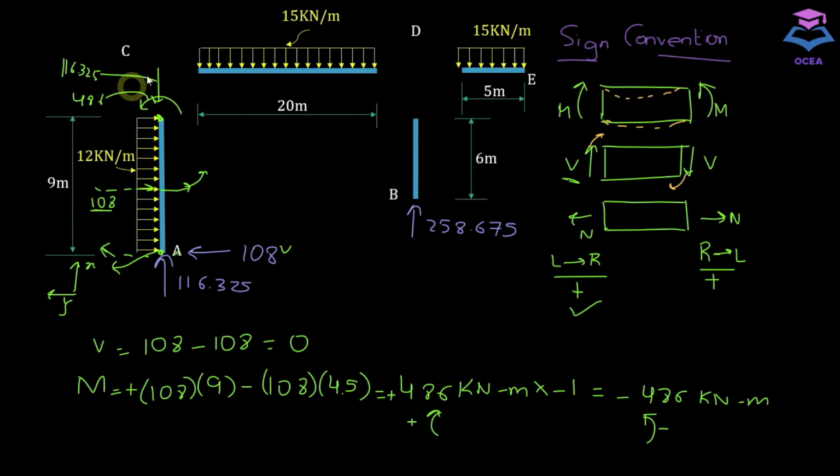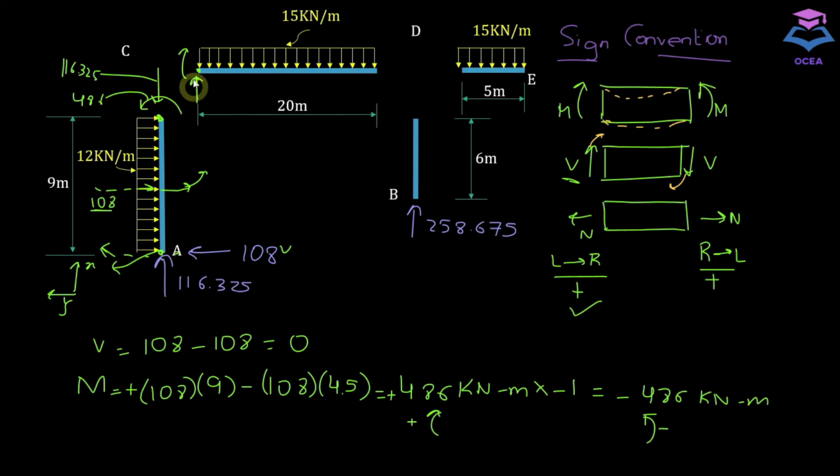Okay, now we need to transfer these internal forces to the other end of the member, that is here. To do that, we are just going to draw them here in opposite sense. If it's going downward, then it will go upward. If the moment is acting in counterclockwise direction, we need to apply it here in clockwise direction.